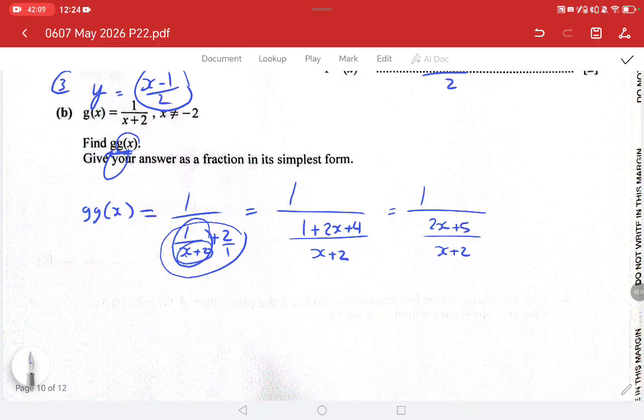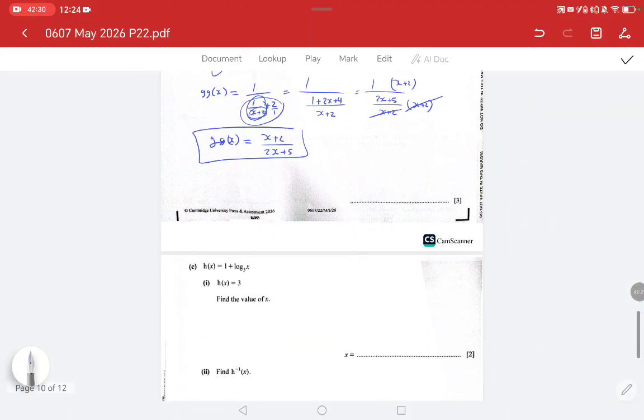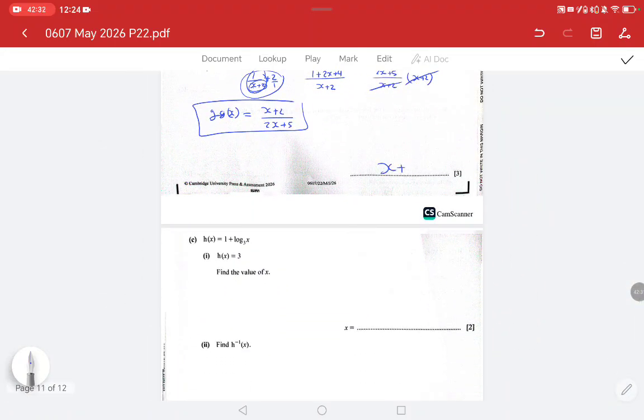Now you may multiply both by x plus 2, so this one cancels with this one. So now g of g of x equals (x plus 2) over (2x plus 5). So this is the answer. You can write your answer usually in the space provided.